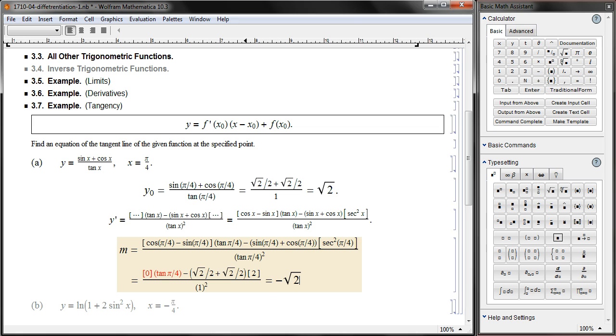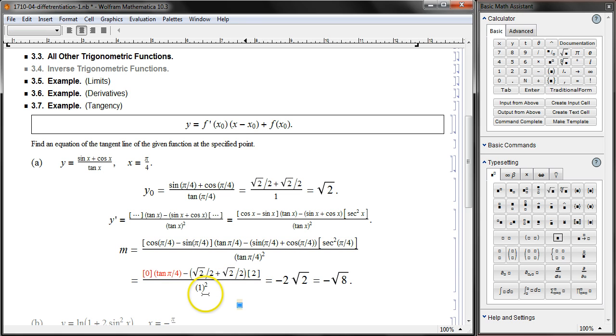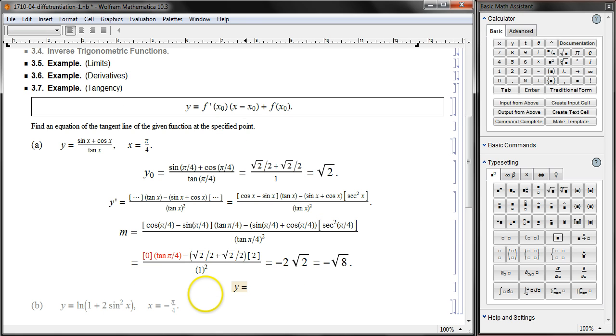We have 2. So this whole thing, what do you get? Negative square root of 2 times 2, and then 1 squared. So it looks like I'm getting negative square root of 8. If I didn't make any algebra mistake or sign mistake, this has got to be right, and we are going to get this equation here.